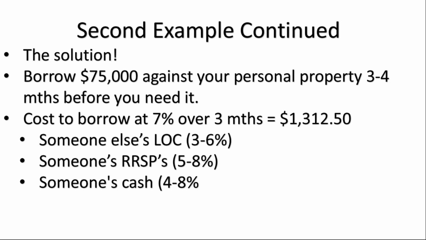So you've indirectly accessed your RSPs through somebody else. Your friend is protected. You're protected as well. There is some risk to that, because if your friend stops making payments, or if you stop making payments, that can become a little bit of a nightmare. So you want to make sure you're doing it with people that you know and trust.